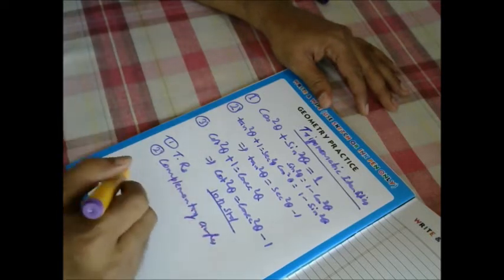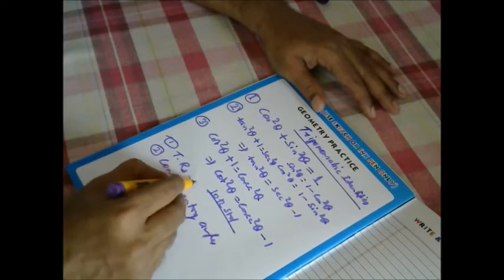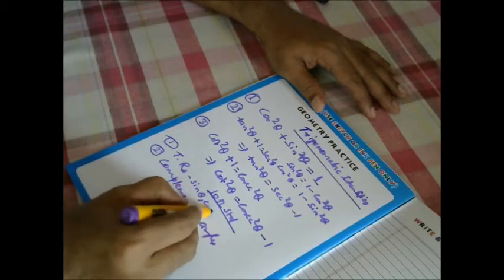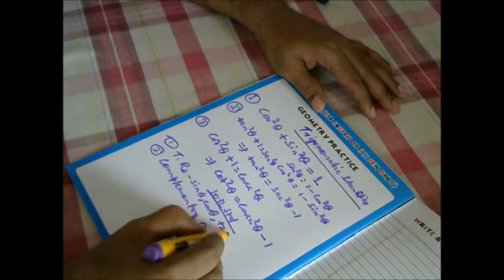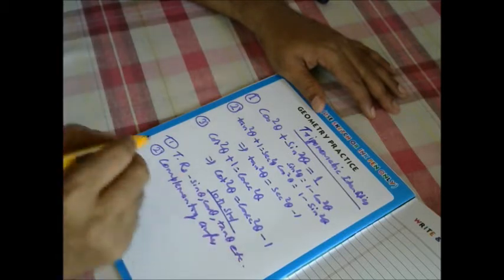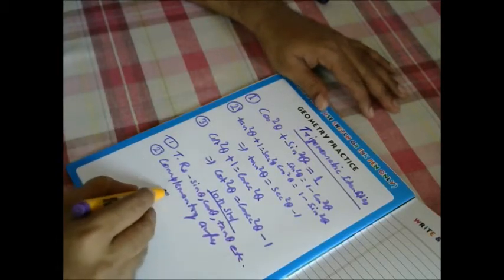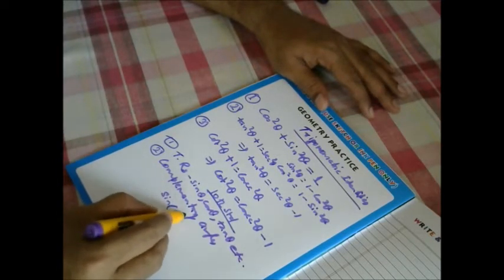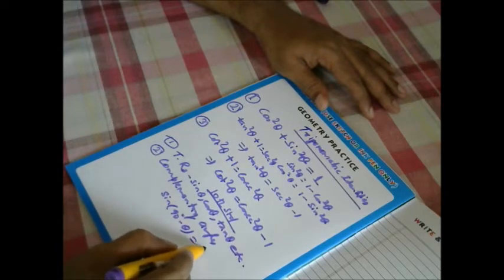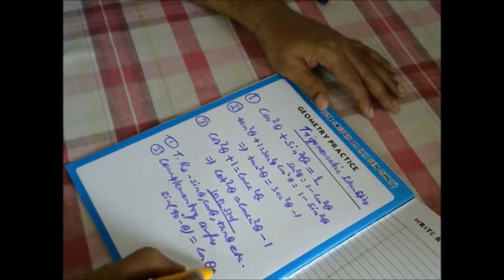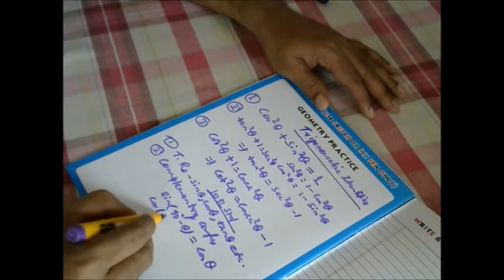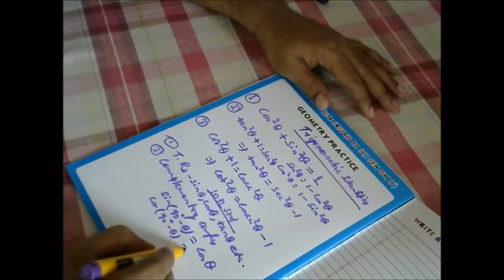Complementary angles: sin of 90 degree minus theta is equal to cos theta, and cos of 90 degree minus theta is equal to sin theta.